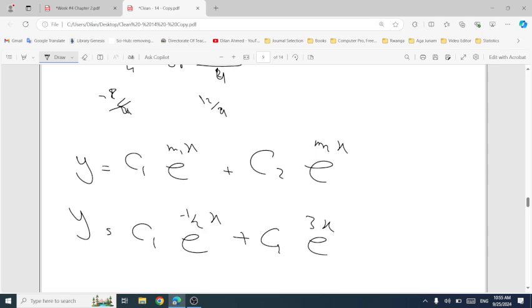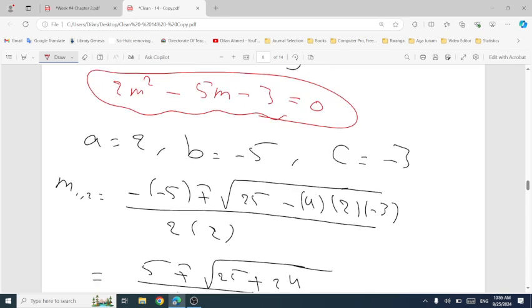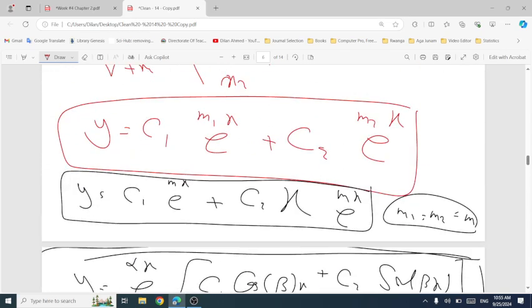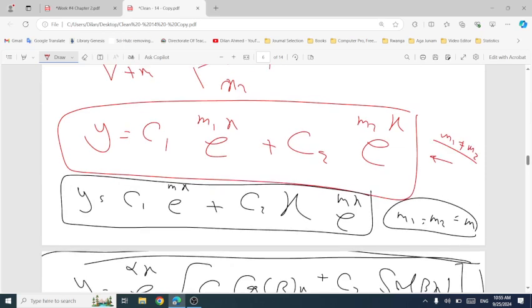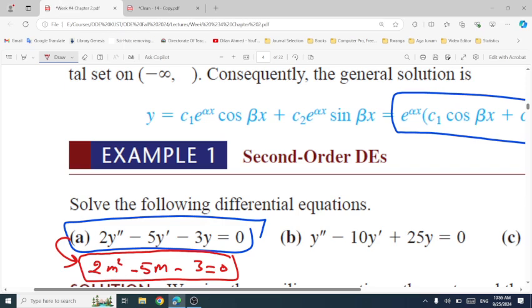You got it, guys? Easy? It's easy. You know about the solution, m1 and m2. So that's why we say you have 3 cases here. That one is for the first case when they are distinct, where m1 is not equal to m2. Is that clear? Good.